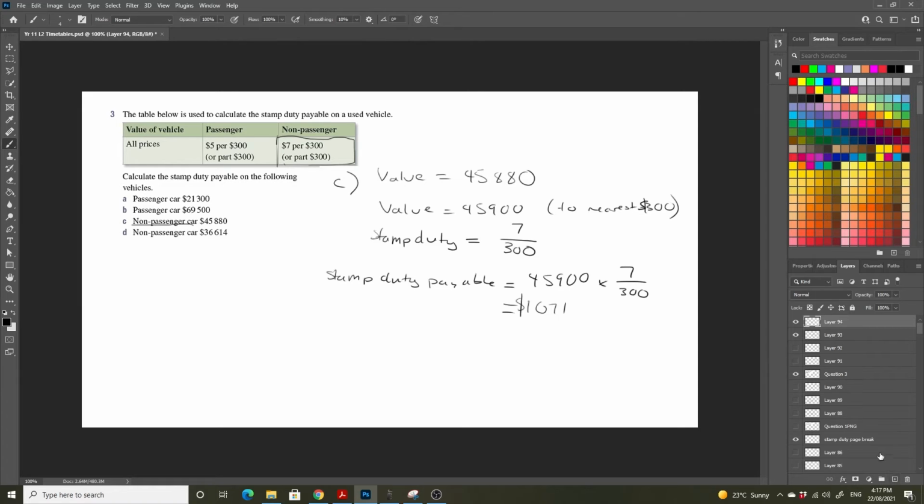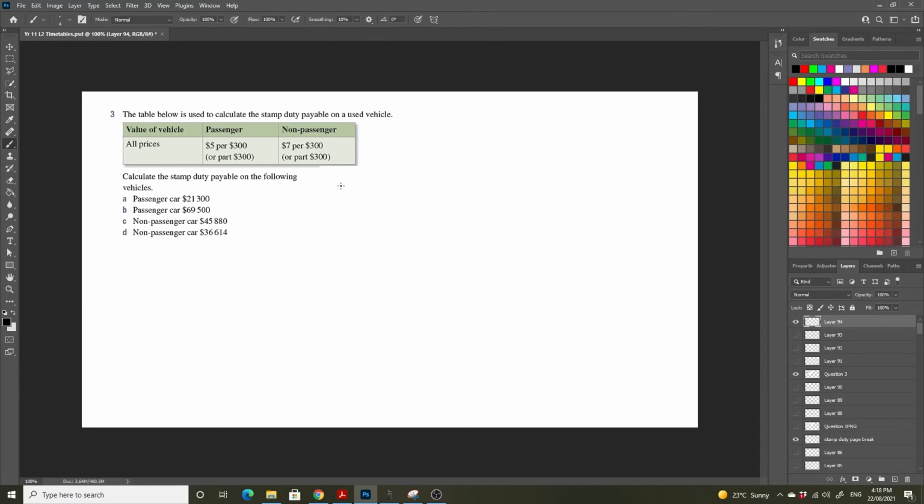Alright, let's do the next one. Let's look at D. In D, we have a non-passenger vehicle worth $36,614. So value is $36,614, and we'll do the adjusted value.